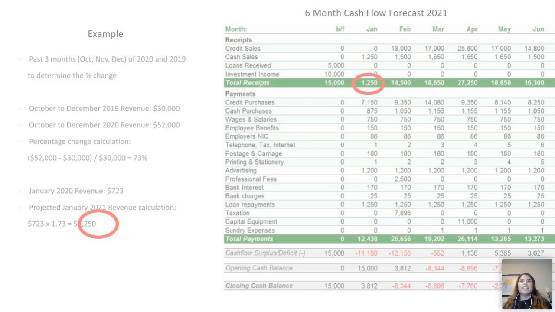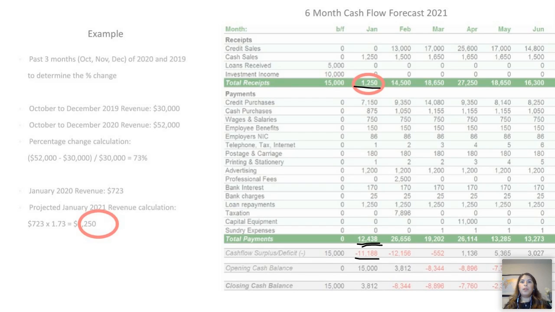Okay, so here we have your total payment of $12,000. Let's say your overhead and your direct costs come out to $12,000, and then you come out with this negative $11,000 number. So that is just your receipts in minus your cash out. So we're at a little bit of a deficit here.